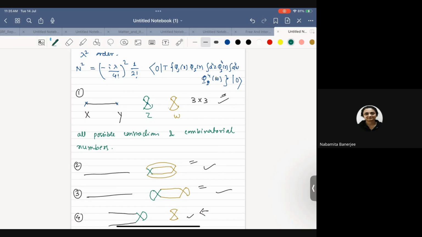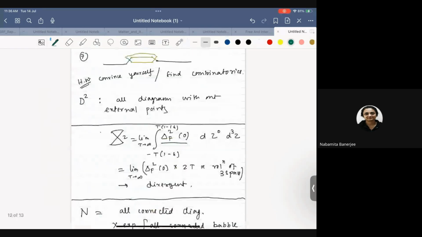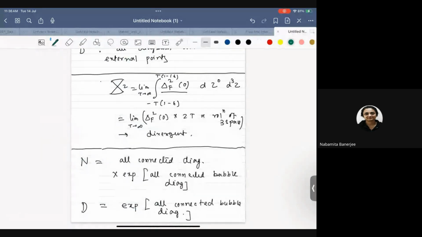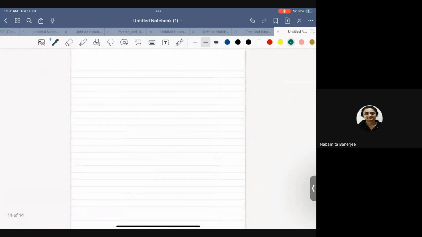So the problematic things are those where the vertices are connected among themselves. Those are connected bubble diagrams and they will lead to divergences, one kind or another. And what happens is when we compute this n by d, the numerator and the denominator, these divergences just cancel. So any n-point function, particularly any 2-point function, is just the connected diagrams.